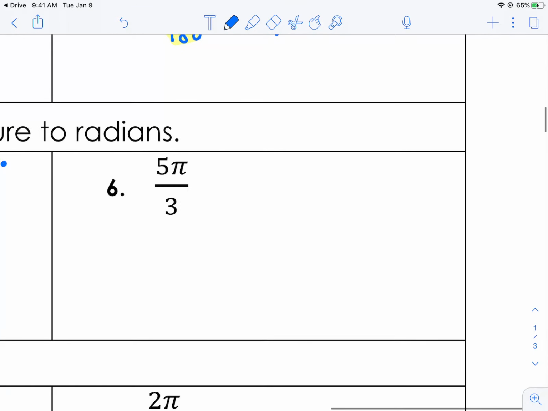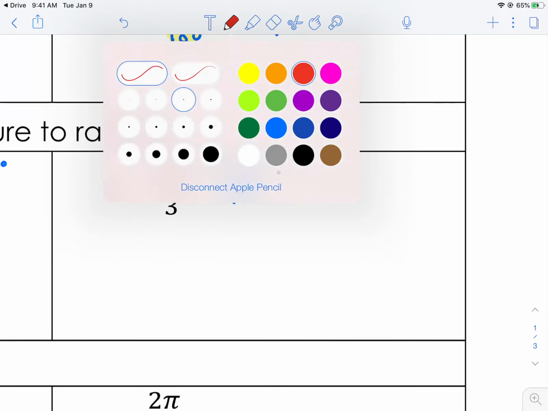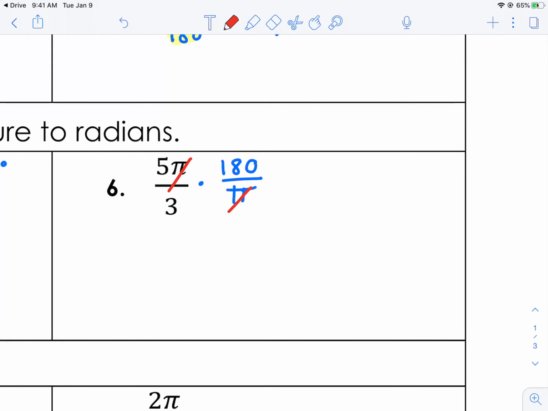Okay, number 6. So I'm going to multiply by 180 over pi. The pi's cancel. So I get 5 times 180 over 3. And that gets me 300 degrees.